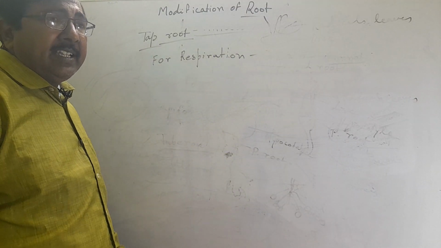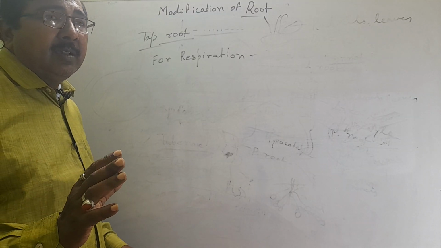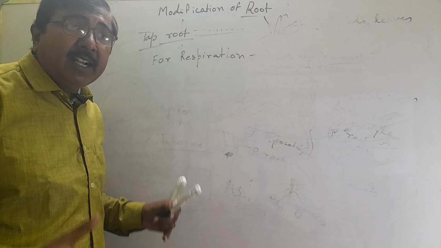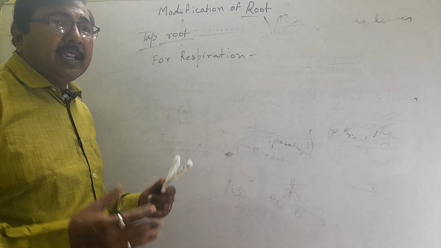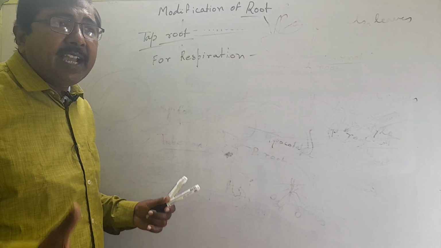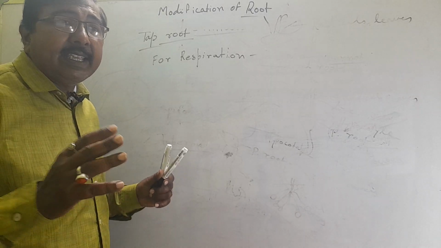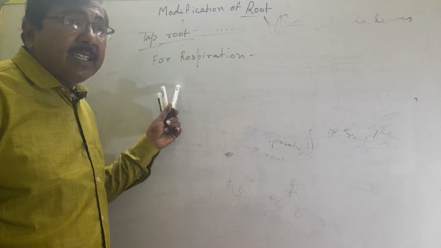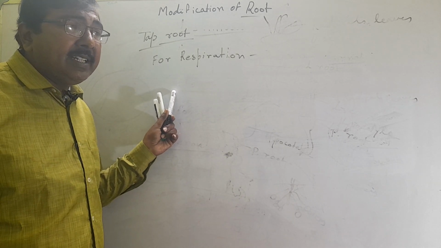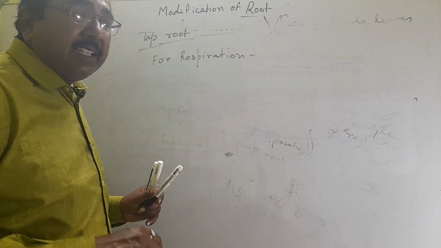They are called pneumatophores. Pneumatophore means some underground secondary and tertiary roots come out vertically upward above the soil for exchange of gases. This type of root is present mainly in marshy areas.